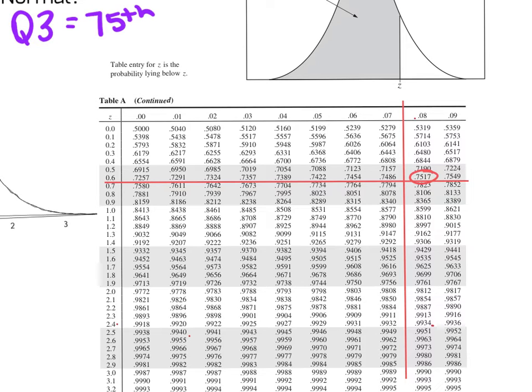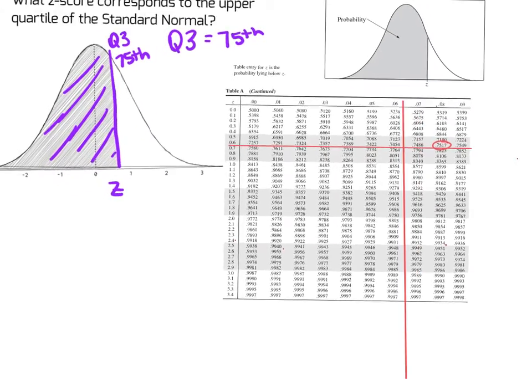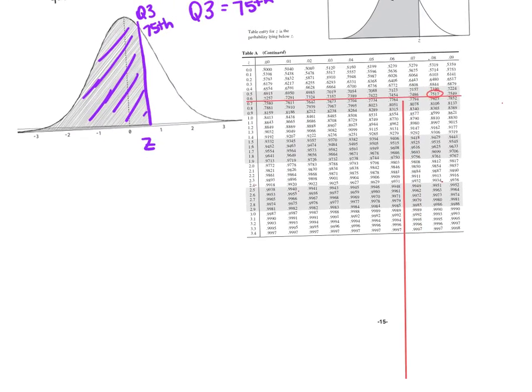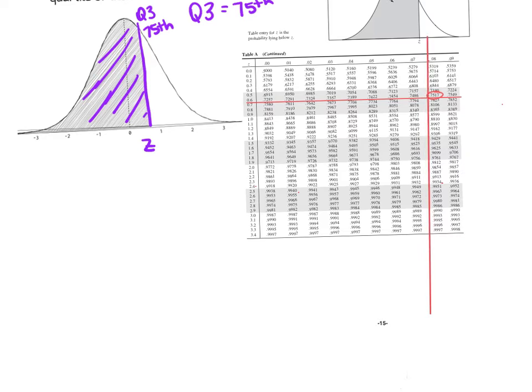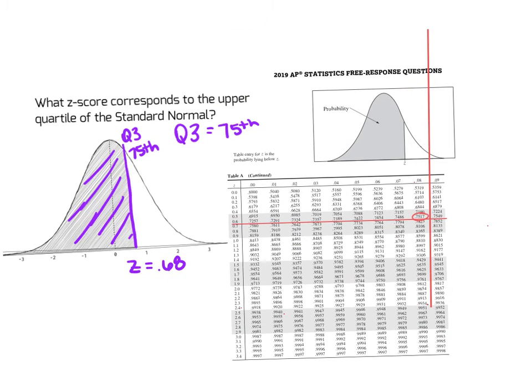So I see that this value here is 0.7517, which is the closest in my table. So I'm going to give it that approximate z-score, which we'll say is about 0.68. So the z-score that corresponds to the 75th percentile is 0.68.